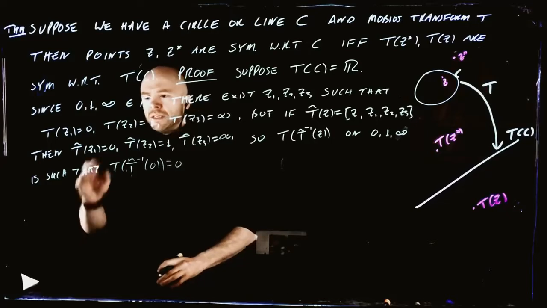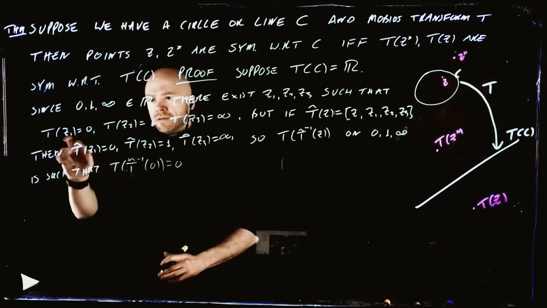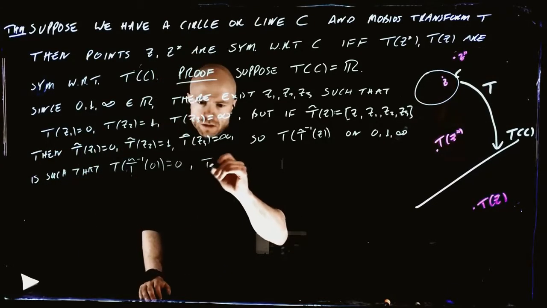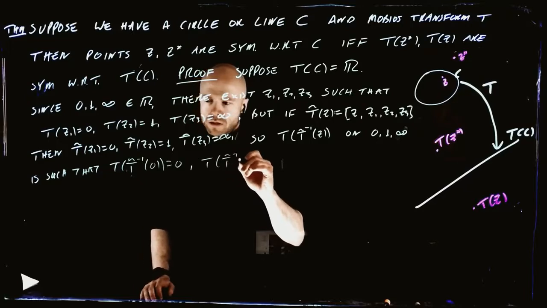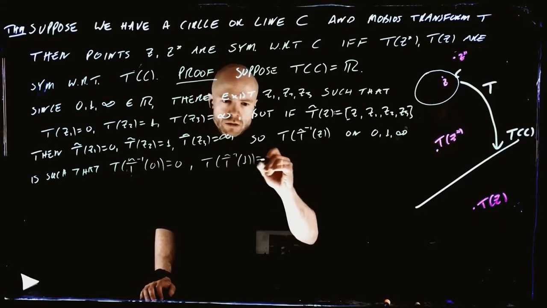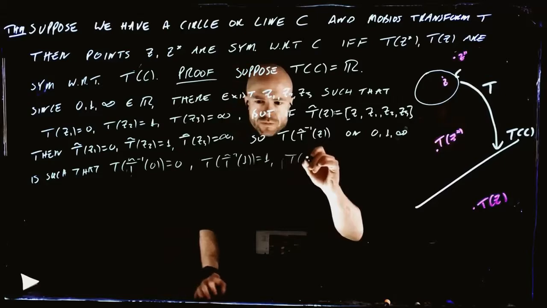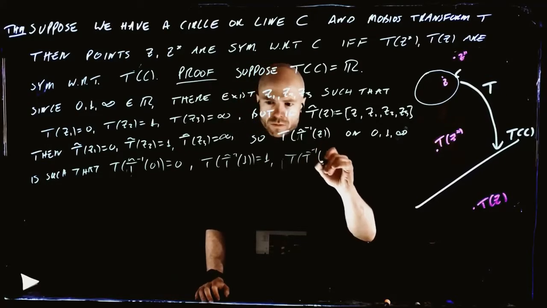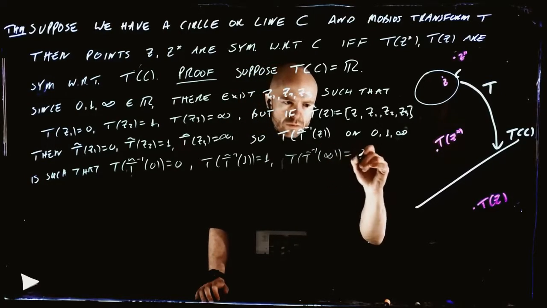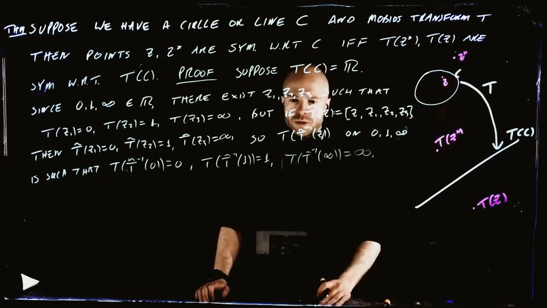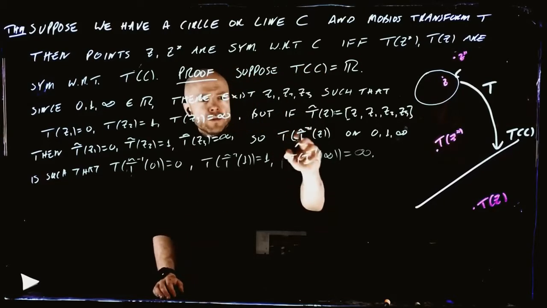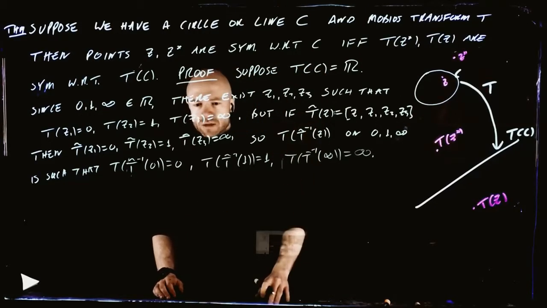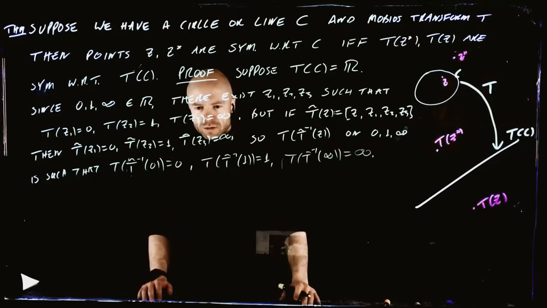Because T tilde to the -1 of 0 is Z1, and then T of Z1 is 0. So this Mobius transform of T composed with T tilde inverse is fixing 3 distinct points.